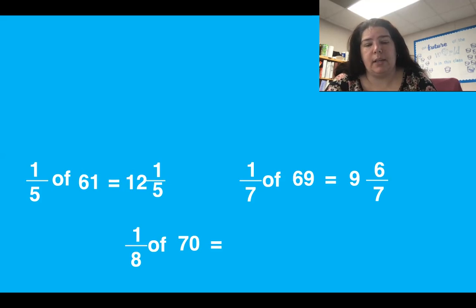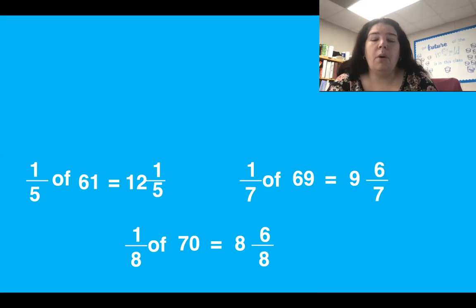One more. 1/8 of 70. 70 divided by 8. Awesome. 8. 8 times 8 is 64. 70, how many are left over? 70 take away 64. 6. And what's my denominator? 8. Can I leave my answer this way? No, I cannot. You must reduce.